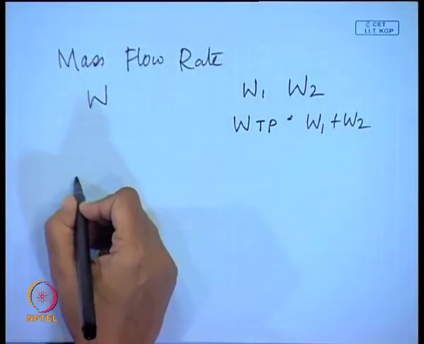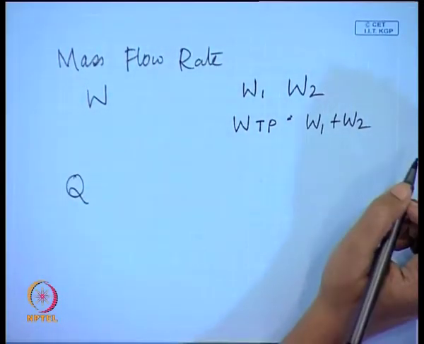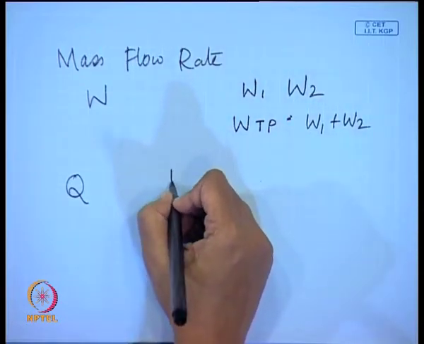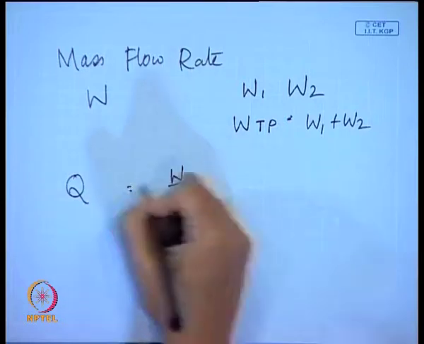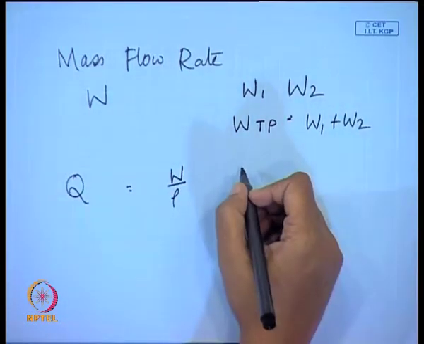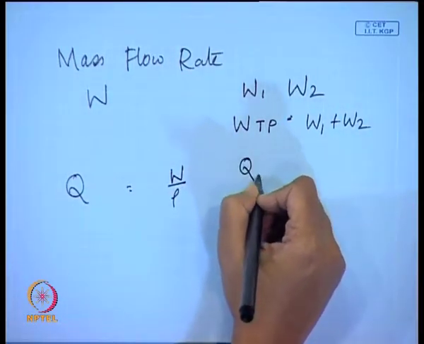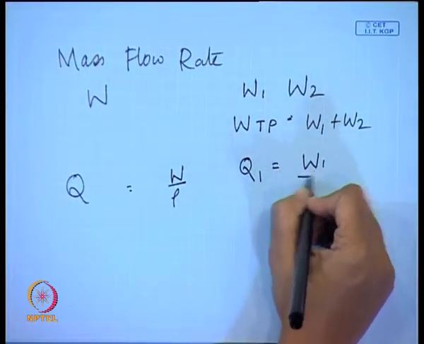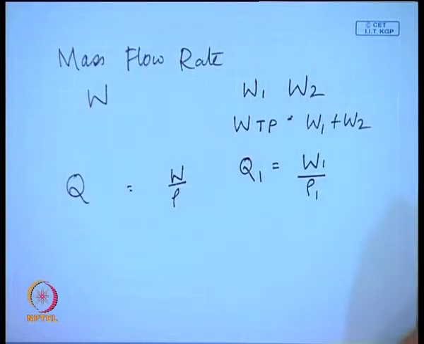Next, if we have the volume flow rate Q, how do we define it? It is nothing but W by rho, isn't it? For two phase situations, what do we have? We are going to have a Q1, which is nothing but W1 by rho 1.